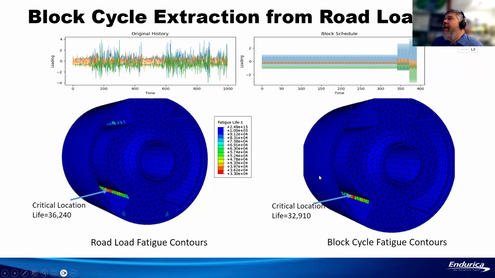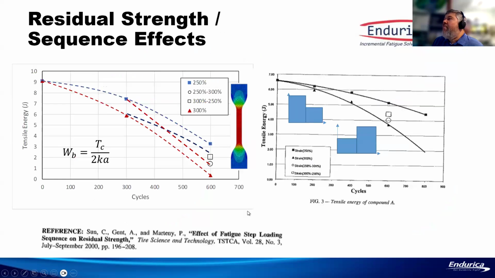This is for a bushing, and we took these road loads, used the Endurica code, and came up with a block cycle test that gives you really equivalent damage, roughly speaking. This is the predicted damage for the road loads. This is predicted damage if you take the block cycle, and it's giving you the same failure mode and roughly the same life using this equivalent damage rule in the Endurica code.